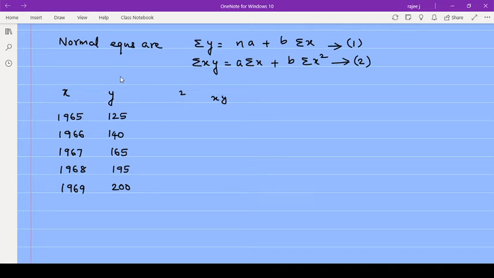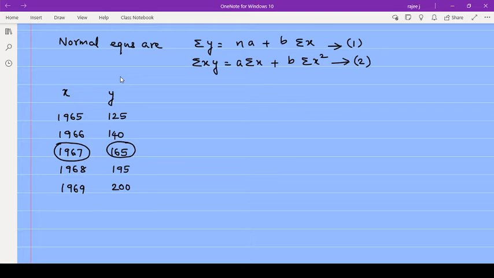So here I am going to do the deviation method, where we assume a mean. The middle one is this one, so we'll choose it. Let x bar be this value, and we'll choose this value for y.